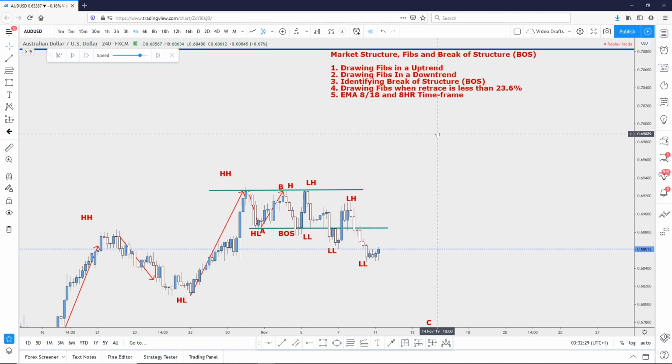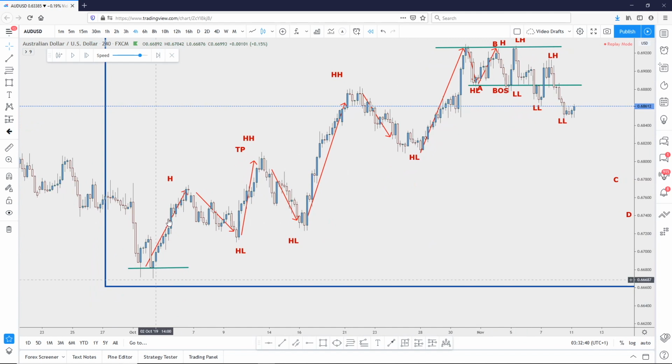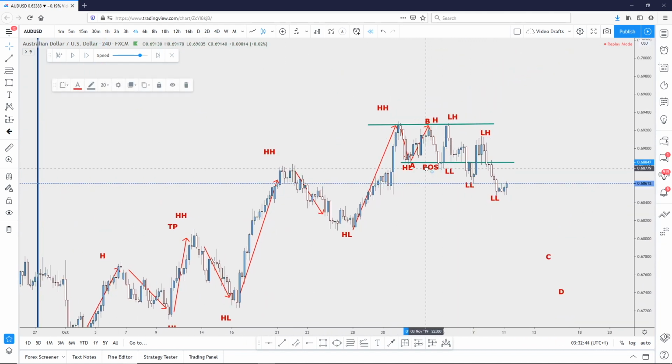I'm going to go through and give you more examples of break of structure, but we just finished drawing fibs in an uptrend. So we continue drawing fibs in an uptrend until we identify a break of structure.